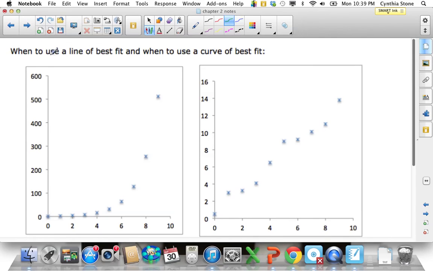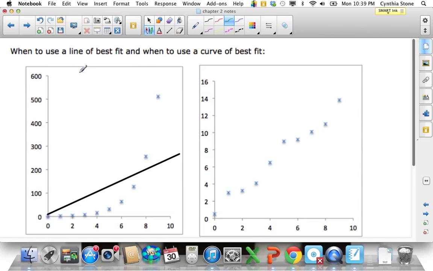Okay, so when to use a line and when to use a curve. So this example should show you that, if I tried to draw a straight line through this data, it wouldn't be anywhere close, right? I could draw a line right here and sort of say, okay, half above and half, something like that. It just doesn't work. In this case, a line of best fit is not an appropriate choice. This is where you would use a curve.